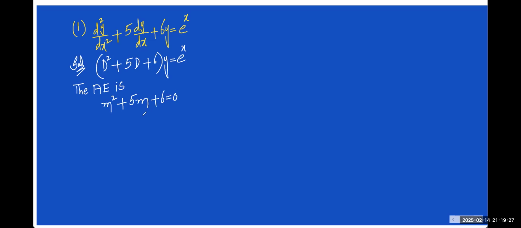So 6m square, oh, not getting the factors. Okay, we are not getting the factors. So what do we do? We can apply the formula, you remember this formula? Minus b plus or minus under root b square minus 4ac by 2a. Where are we using it?